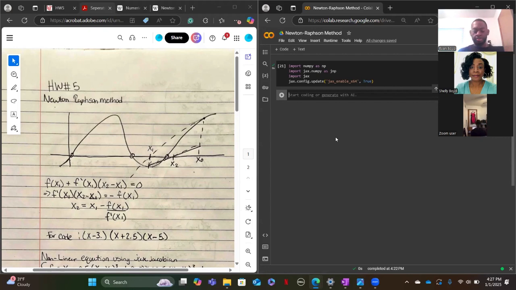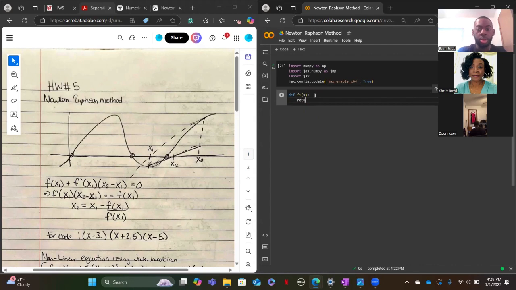Okay, so first we start with defining our sample function. We'll do f1 for our function, and we will need x for position.